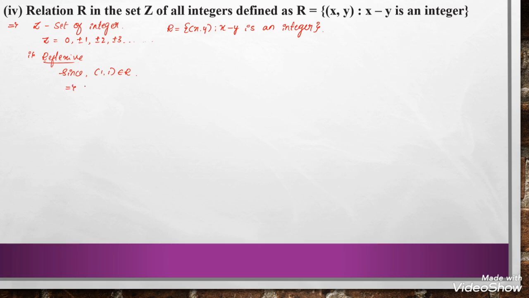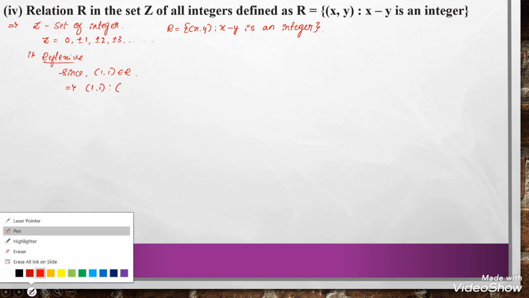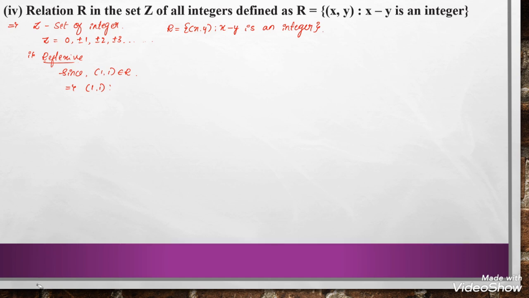According to this relation, 1 comma 1 such that 1 minus 1 is an integer, right?